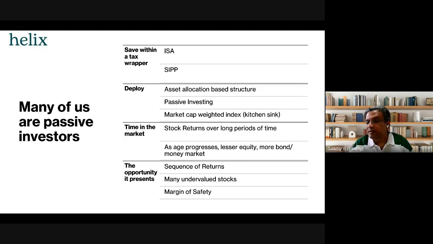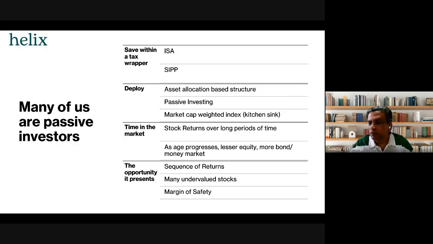One of the other things that we have to understand is that we are told stock returns over a long period of time work really well, and if you consistently invest over 10, 20, 30 years, then you would have made significantly better returns.